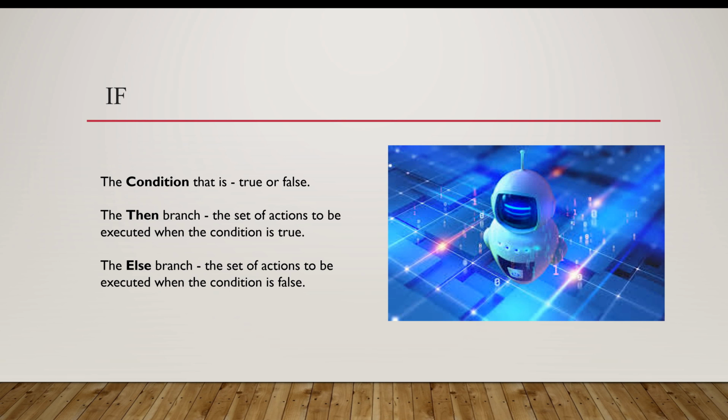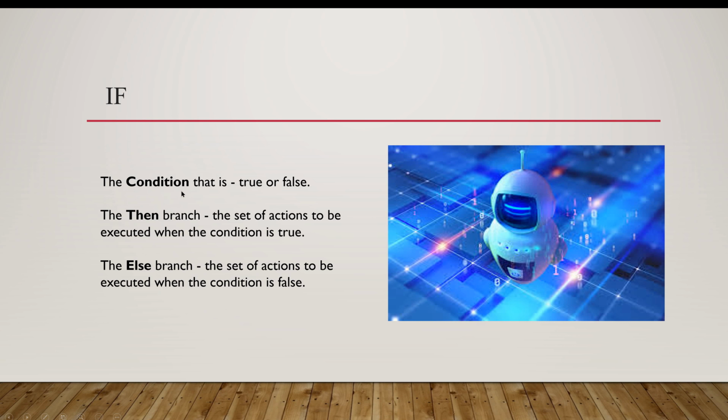So now let us talk in terms of UiPath. If is completely relying on a condition that you are going to give. So we have three properties there. You can see a condition in if activity, then branch and else branch, which are mandatory to be provided.